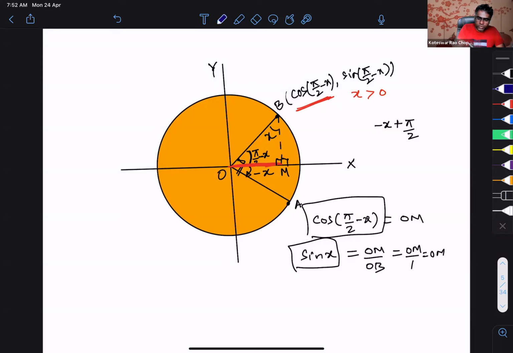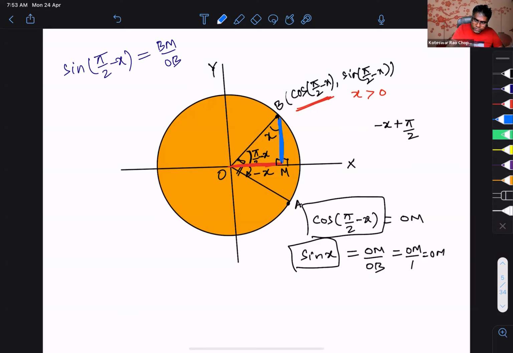So let's write that down here, at the left upper corner. So from that triangle, sine of pi by 2 minus x, by definition, will be BM by OB, but OB is 1, so we don't worry about writing it. So that's basically BM. Okay, so this is your sine of pi by 2 minus x, the y coordinate.